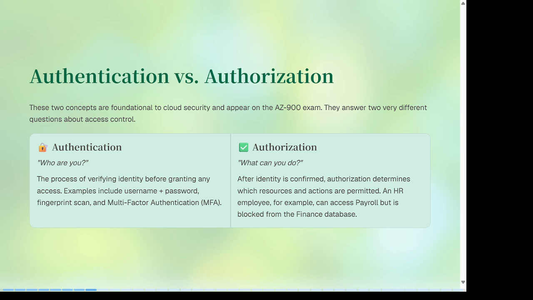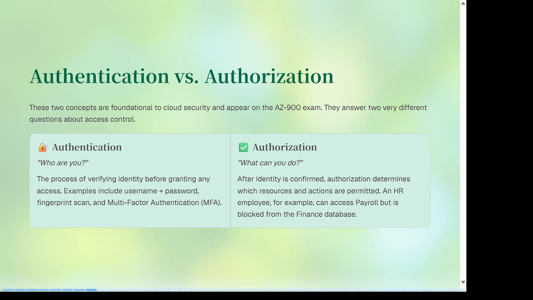What can you do? Just because you successfully logged in does not mean you can access everything. Azure checks permissions and determines what resources you can use and what actions you can perform.